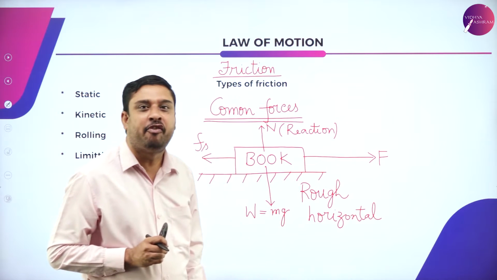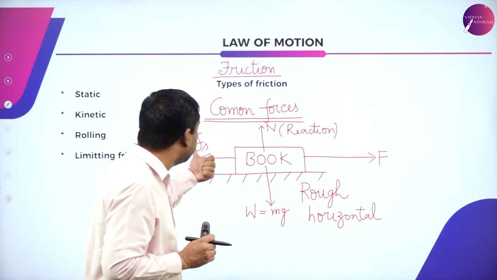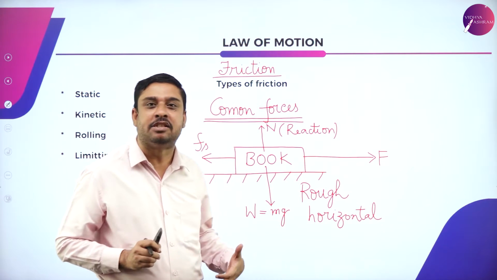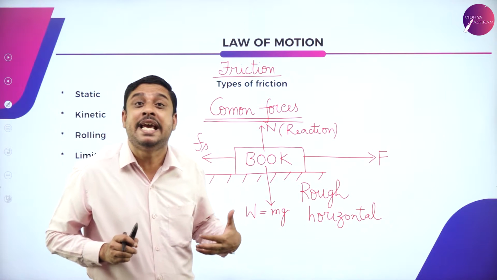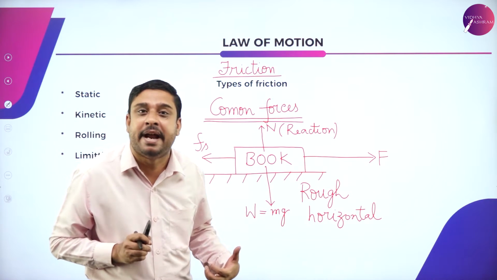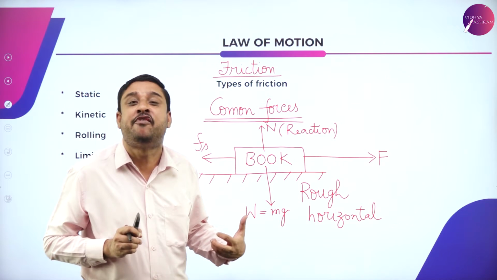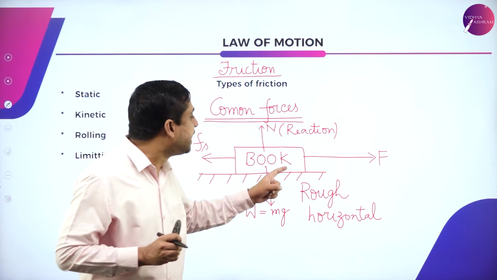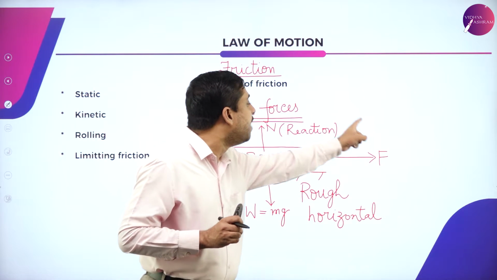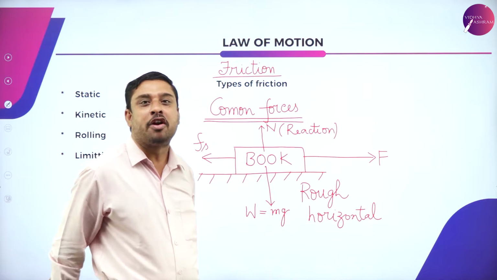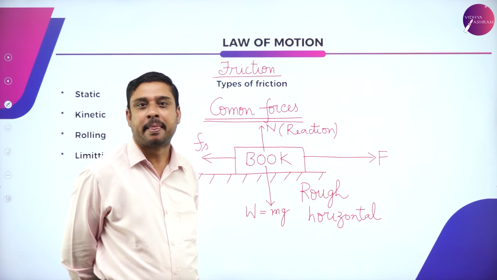Increase the applied force, friction also increases. Only after a certain limit, friction breaks down. It is self-adjusting. It adjusts itself to the applied horizontal force.